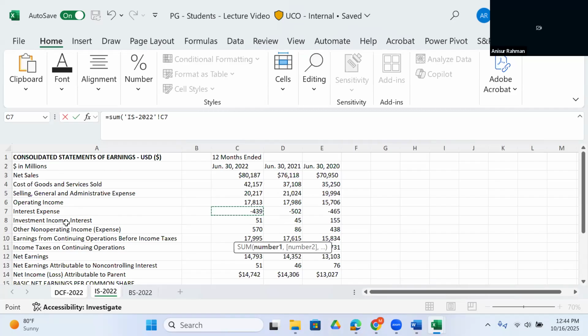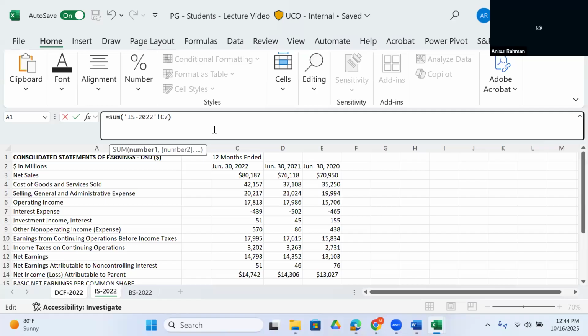And this is an income, that's why it's positive. Here, other non-operating says income. If it is income, it will be positive. If it is expense, it will be negative. This number is positive, so it is an income, and we will not include it in the expense. So this is our only non-operating expense.